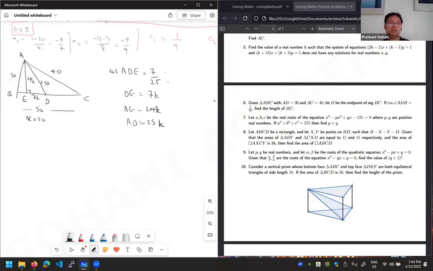And then what we have is the lengths of AB and AC given to us. And this BC we also don't know right now. D is the midpoint, so the distance from D to B and from D to C are equal. So let us give that some other letter.